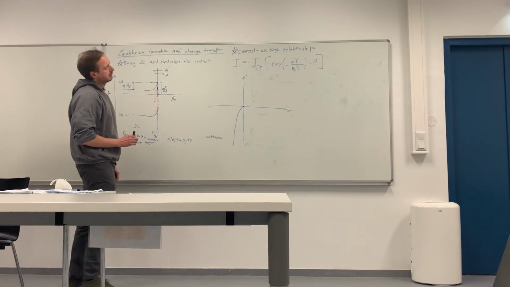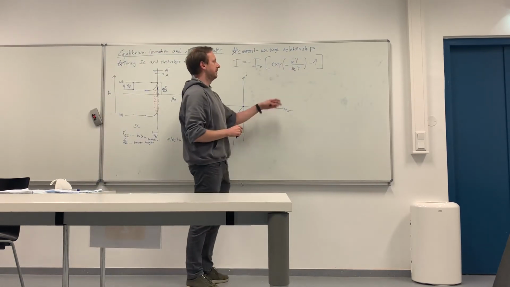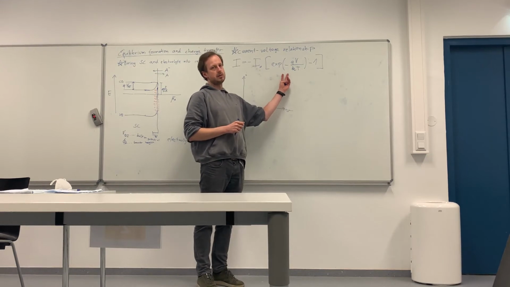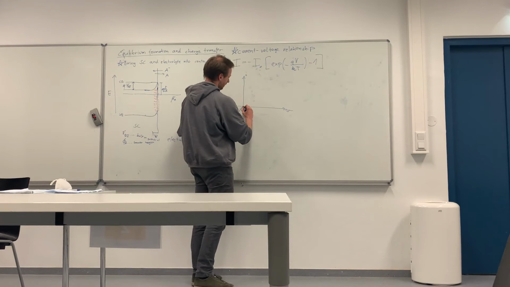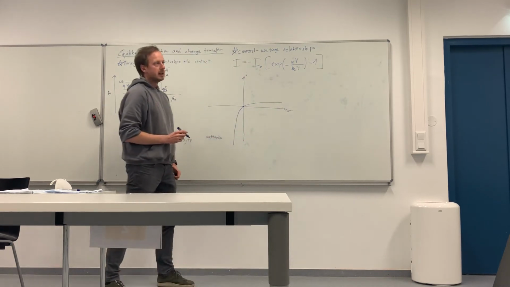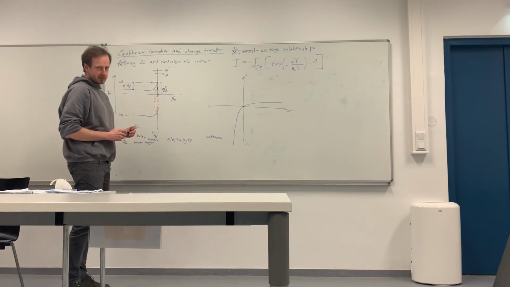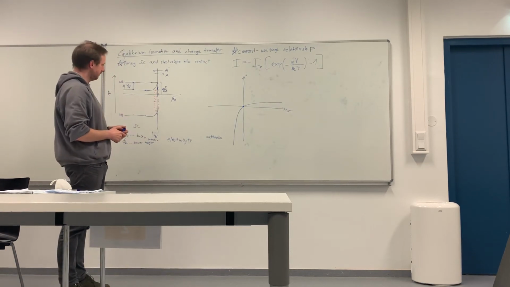However, if I go into the other direction, then V becomes positive, this exponential goes to 0, and on the other side I have a curve that flattens out or approaches a limit, but no exponential increase of the current.